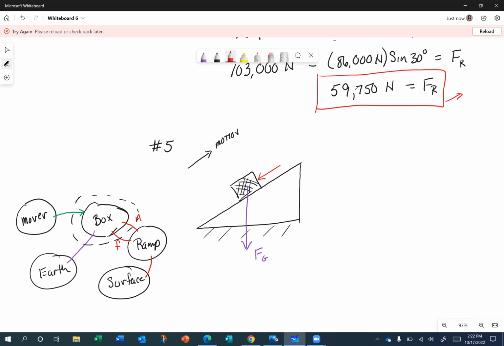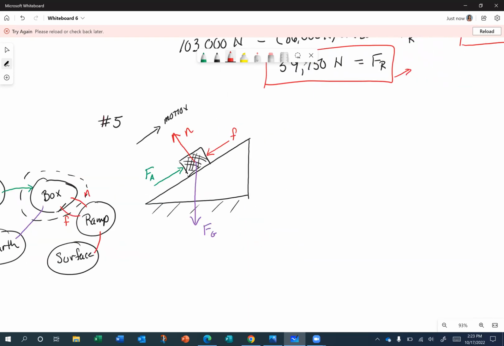So we might have the force of friction here, opposing the motion. Tom is pushing on the box, right? So that's the force applied by an outside person. And then we also have this normal force that is also due to sitting on top of something else, right? So that's it. Those are all your forces.